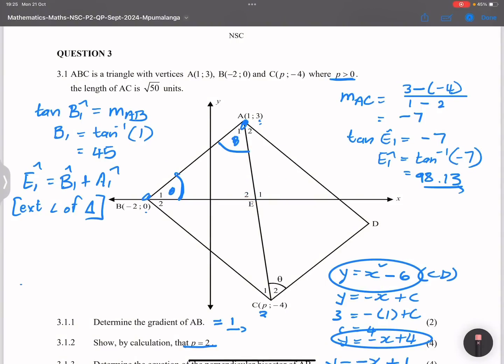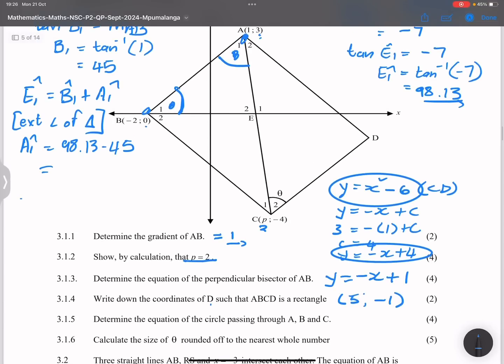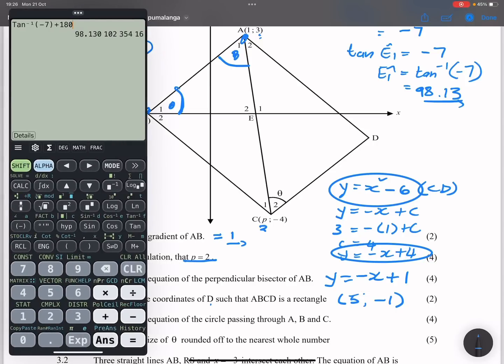Right, so which means that A1 would simply be 98.13 minus 45. And since they said we must round off to the nearest whole number, that would give us 98 minus 45.